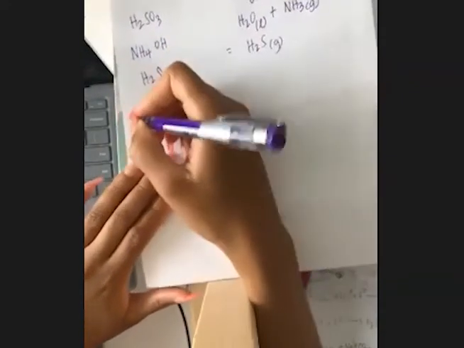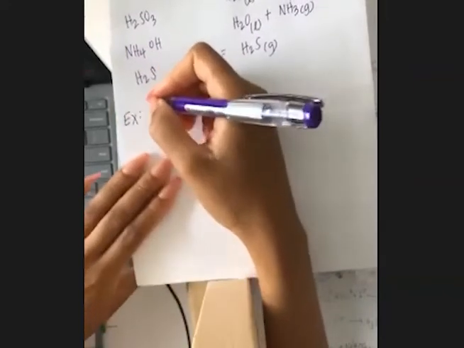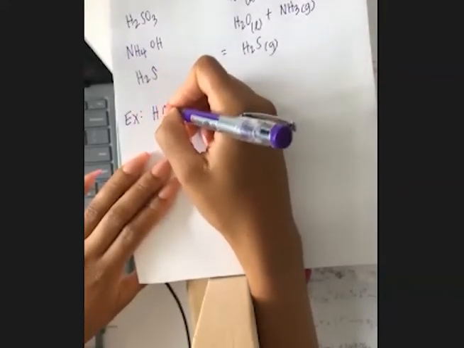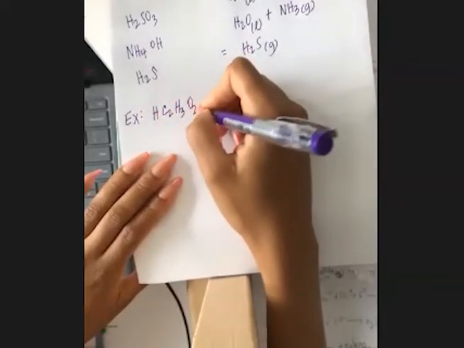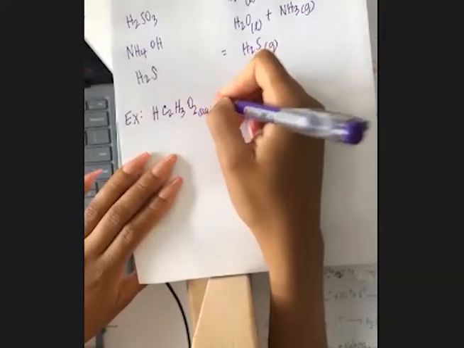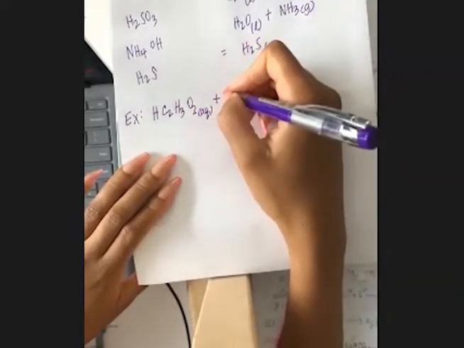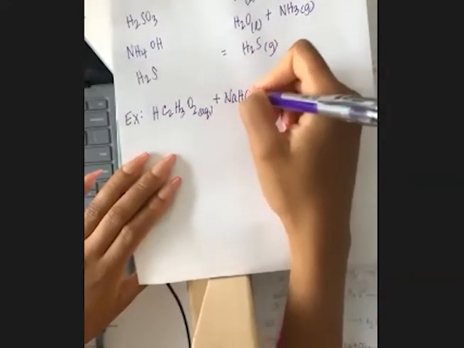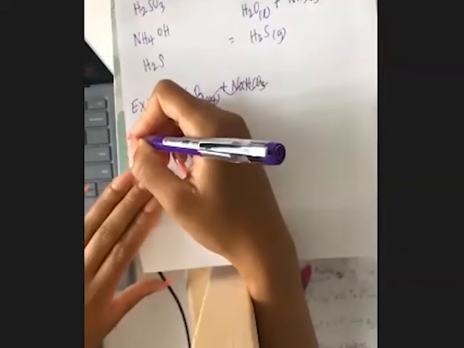Let's say we have, for example, acetic acid, which is HC2H3O2, like this. We mix it with sodium bicarbonate. Oh, let's do one where we don't do the bicarbonate again. Let's do one with one of the other examples.